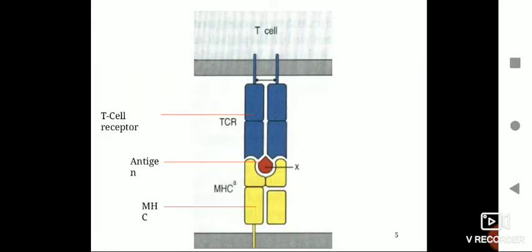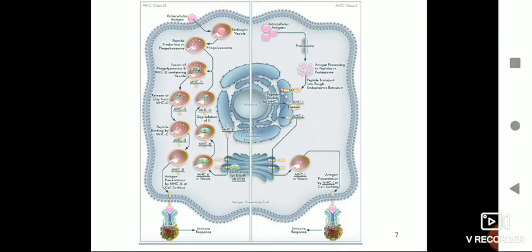So this is what we have understood. Diagrammatically you can see how the T cell will recognize an MHC antigen complex and get activated. Here is a complete picture of how the antigen is processed and presented. The processing and presentation takes place in two different ways.